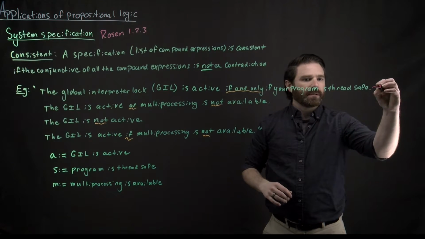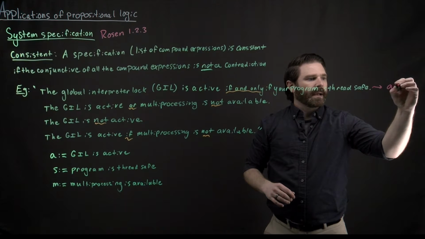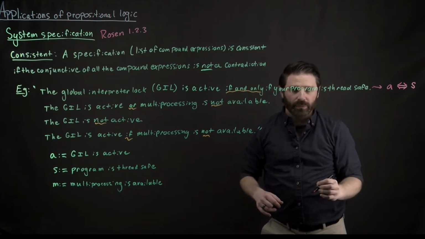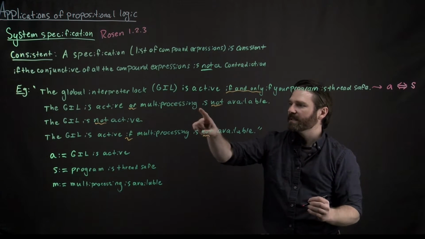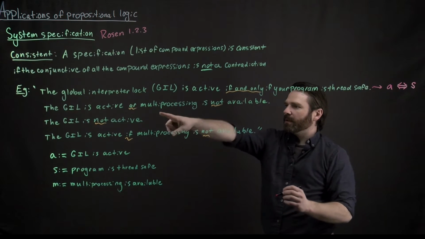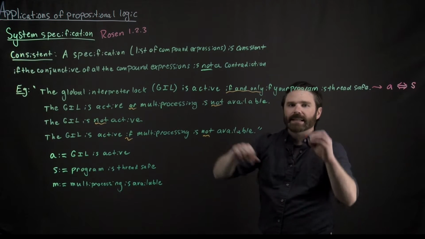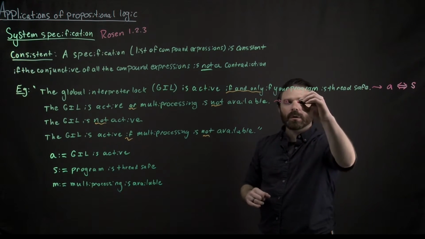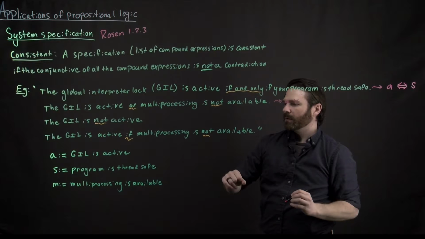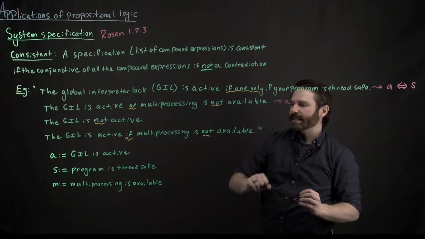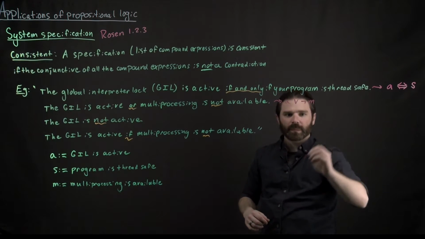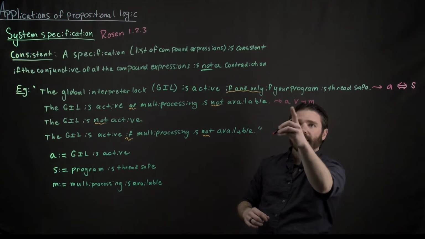Well, that would be A if and only if S. This next one, the global interpreter lock is active or multiprocessing is not available. So I could represent it like this.